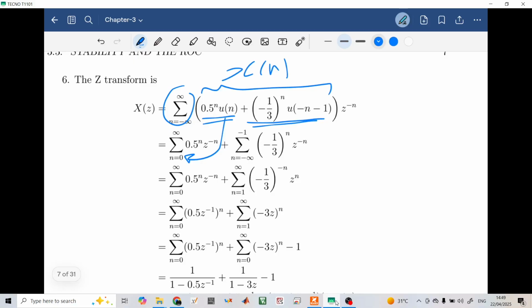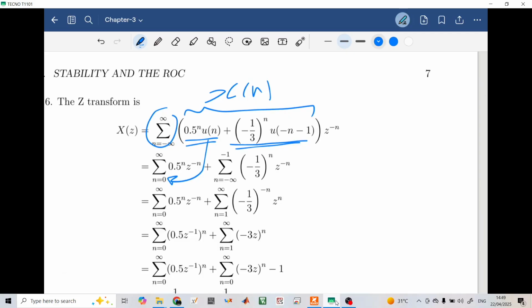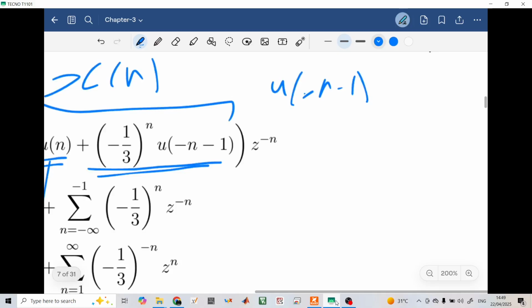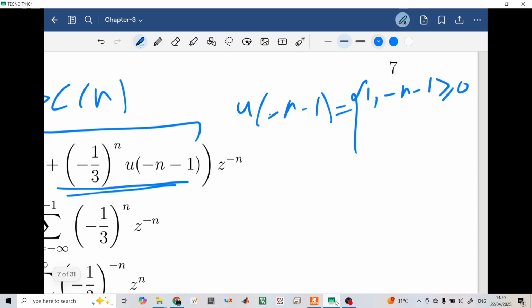Here it's not that obvious, so as we did before, let us define this step function. So we have u of minus n minus 1 equals 1 when minus n minus 1 is greater than or equal to 0, and 0 otherwise.